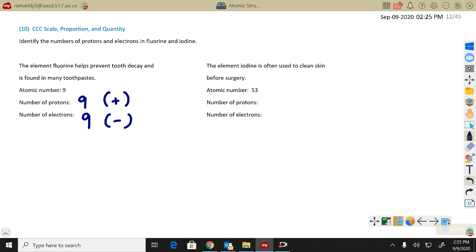It's really a solid, but it's often used in solutions. It is element number 53, which must mean that there are 53 positive protons and 53 negative electrons. You could use the little P for proton or the E for electron as well. Should add up to something electronically neutral.